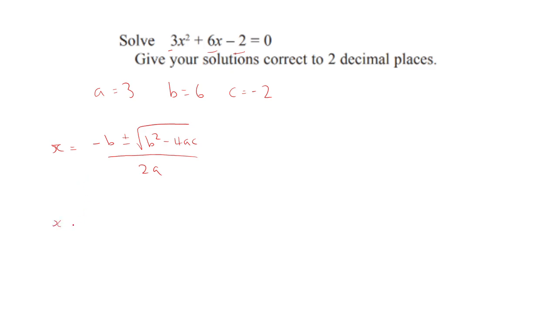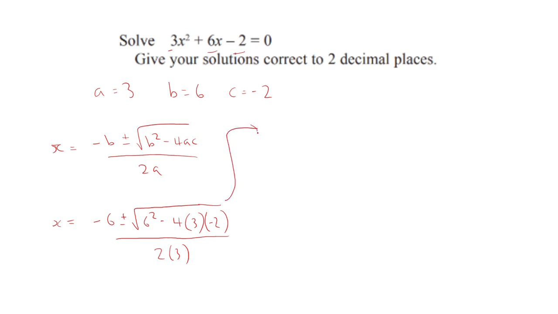So x will be equal to minus 6 plus or minus square root of 6 squared minus 4 lots of a is 3, and c is minus 2, and this is all over 2 lots of a, so 2 lots of 3. Okay, we can then simplify that.